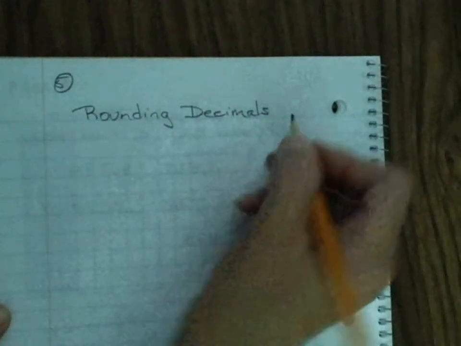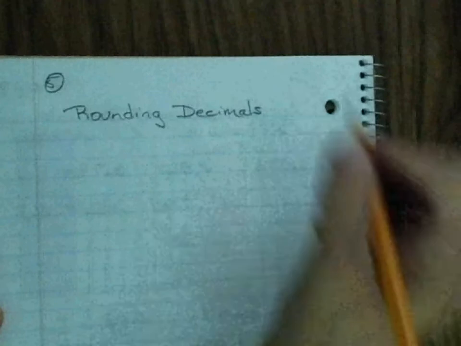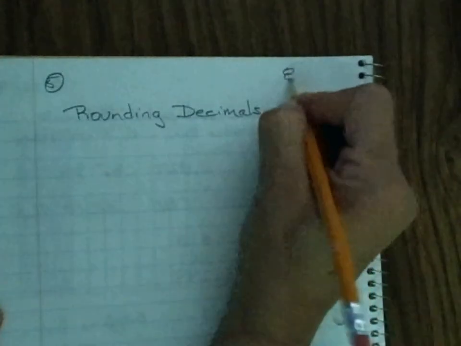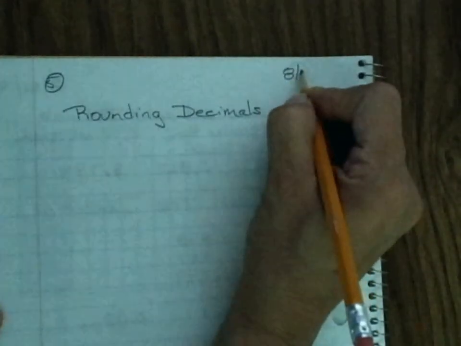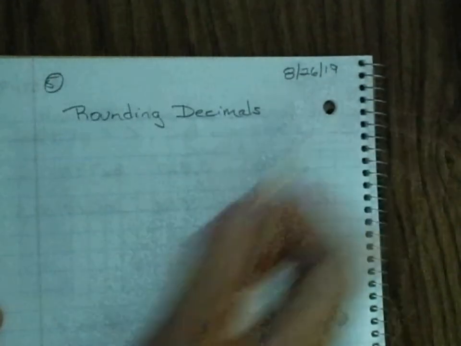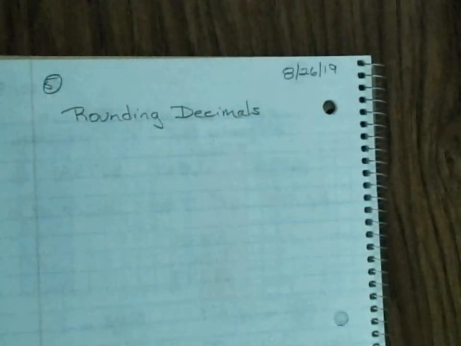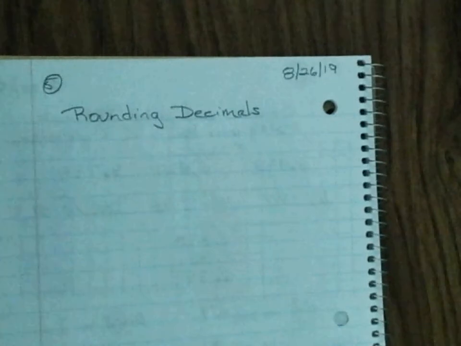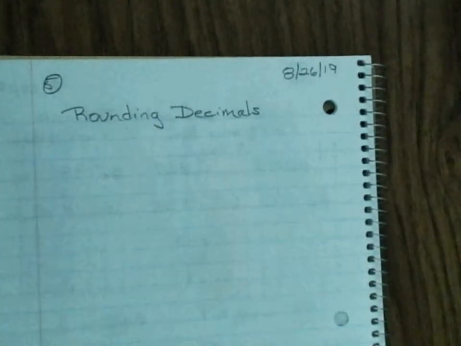Now I know that rounding is nothing new for you guys in the 5th grade. Okay, only this time we're going to round out to the hundredths place. Since we've now added a thousandths place value, we can now round to the hundredths.